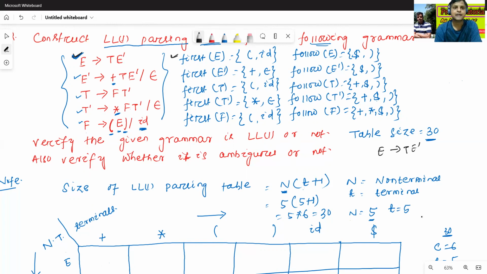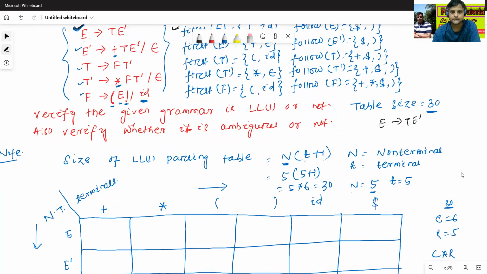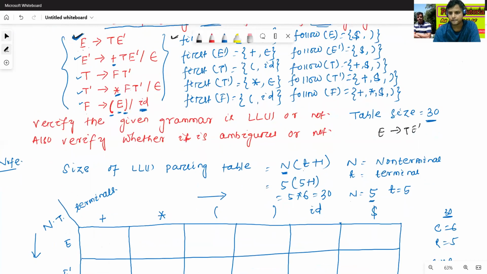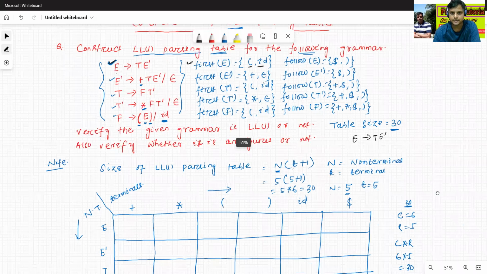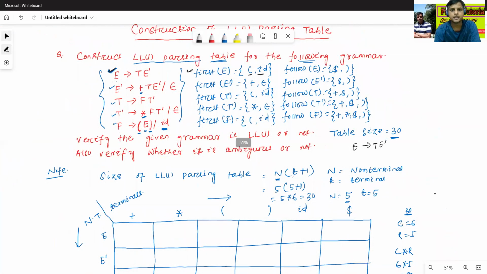Now we will check first of E. First of E equals what? Open bracket and ID.